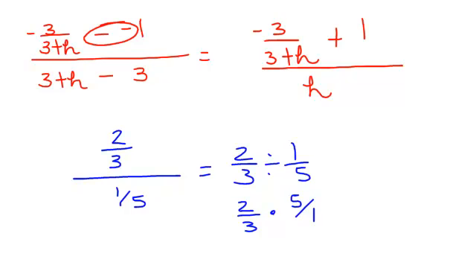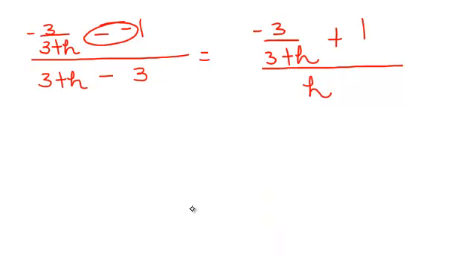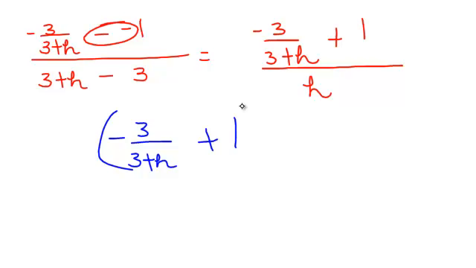Remember those days? We do this the same way. I'm going to take the numerator, negative 3 over 3 plus h plus 1. I'm supposed to take this and divide it by h. Isn't it the same thing as multiplying by 1 over h?